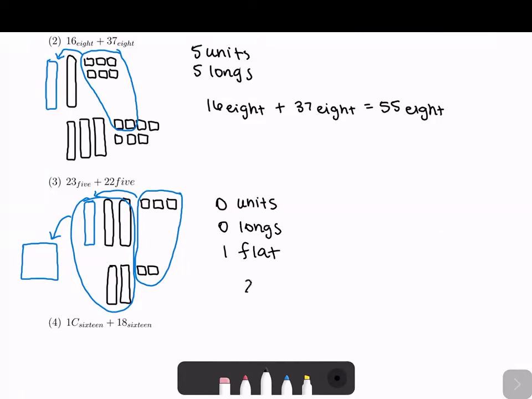So that tells us that 2, 3 base 5 plus 2, 2 base 5 is 1, 0, 0 base 5. Okay, so this was our first example of getting a flat, but if you regroup longs, you just get a flat, right? You regroup units, you get a long. You just keep going up.